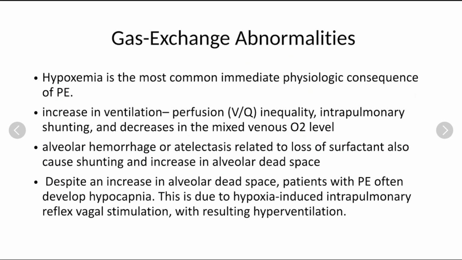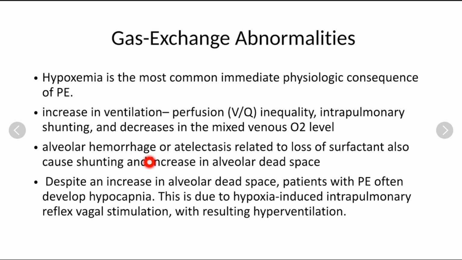So, what are the gas exchange abnormalities in pulmonary embolism? They are telling that hypoxemia is the most common immediate physiological consequence of pulmonary embolism. Very, very important. There is an increase in ventilation-perfusion inequality, like ventilation will be there, but perfusion will not be there. Intrapulmonary shunting will be there, and a decrease in mixed venous oxygen level.